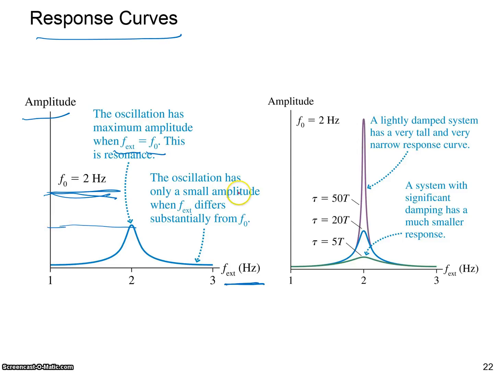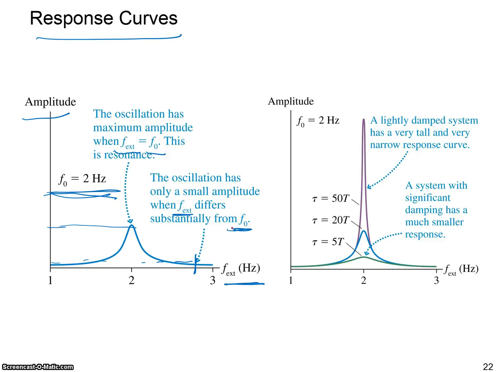If the driving frequency differs from the resonant frequency, they're saying if you drive it with the frequency out here close to 3, you don't get that much amplitude. You only get this little bit of amplitude here if the driving frequency, or what he calls here the external frequency, is not equal to that.